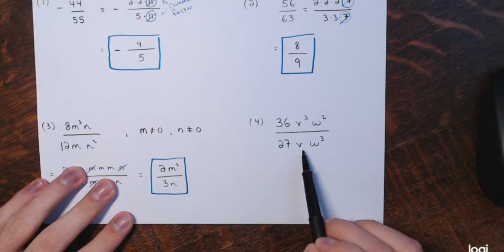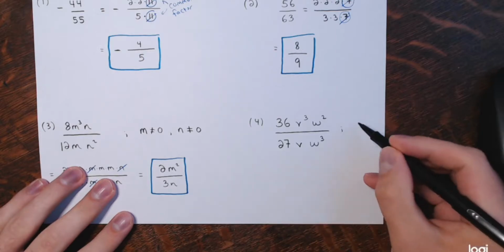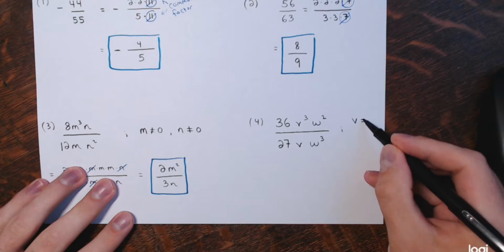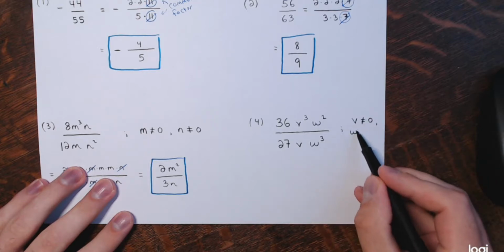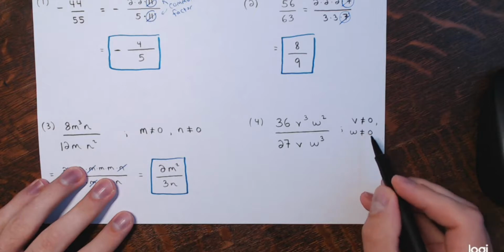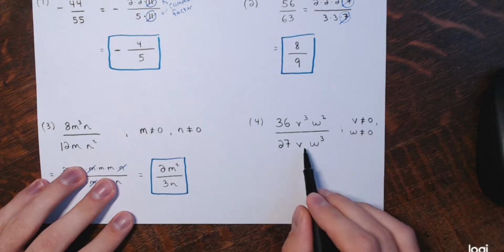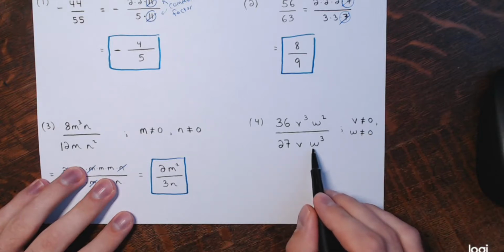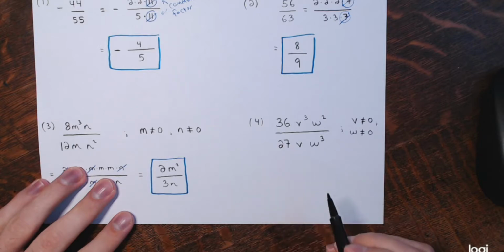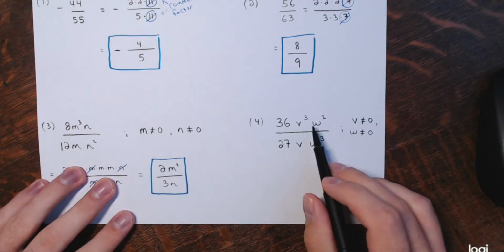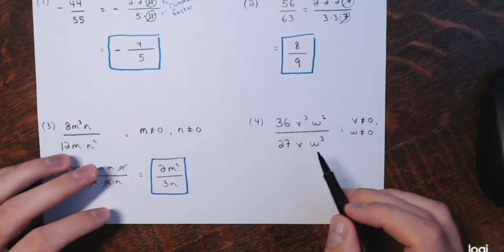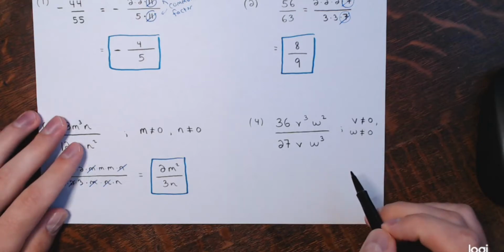So again, one thing I'm noticing is that v can't be 0, w can't be 0, right? Because if I were to let v be 0, this denominator would be 0. If I were to let w be 0, the denominator would also be 0. Right? So just keep that in mind. You could replace v and w with anything you like, except 0 for right now.